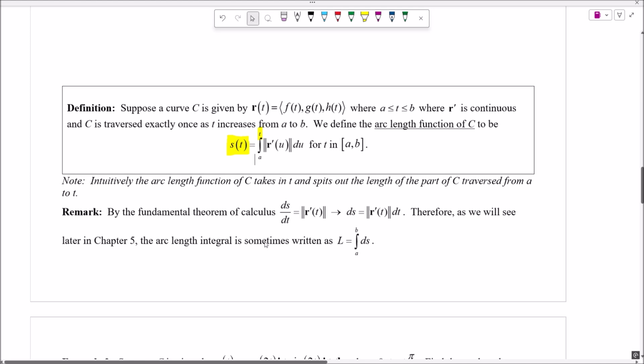Now, sometimes it is the case that because of this, we can rethink the way that our arc length will be notated overall. You might recall that we dealt with functions like these back in a Calc 1 class. These were functions where the upper bound was a variable. These were kind of integral functions. And there was a way to take the derivative of a function that looked like this.